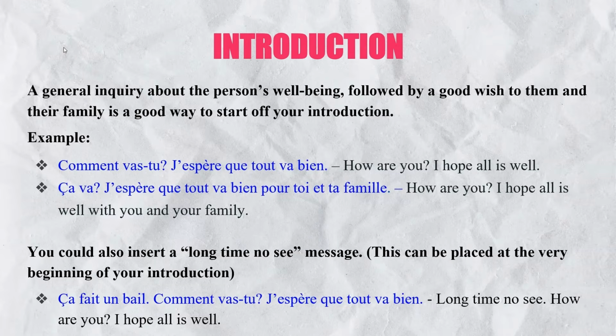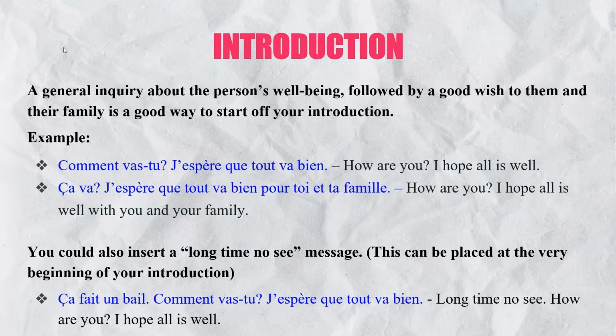All right. Note that you can also insert a long time no see message, and this can be placed at the very beginning of your introduction. So, for example, ça fait un bail. Comment vas-tu? J'espère que tu vas bien.